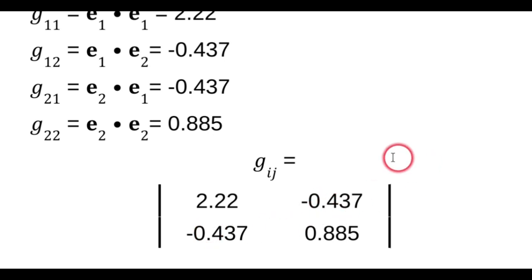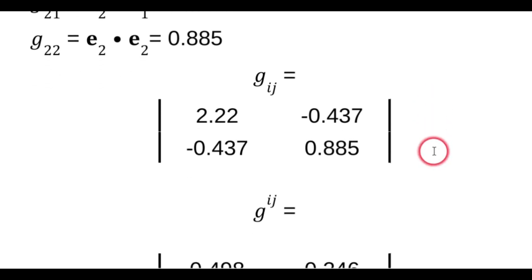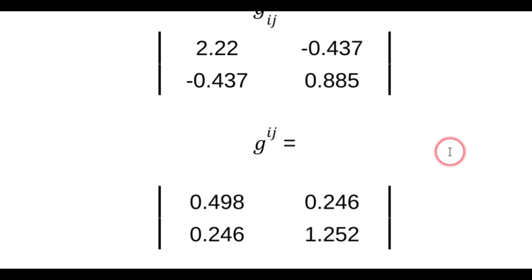Okay? Now, this is the covariant metric tensor. Now we need to find the contravariant metric tensor, which is the inverse metric tensor. So what I did was went to a matrix calculator online and plugged these numbers in, and here's the inverse, because it's a lot of work to do it by hand.